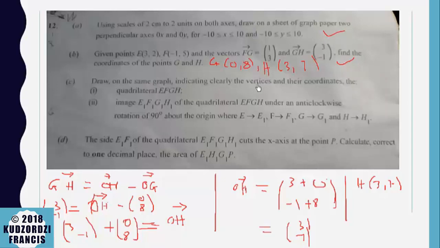Then the C part is you should draw the quadrilateral EFGH, indicating all the coordinates. Then we should also draw the image E1, F1, G1, H1 of quadrilateral EFGH under the anticlockwise rotation of 90 degrees about the origin. So I want us to do that one now before we plot all of them together. So let's do that.